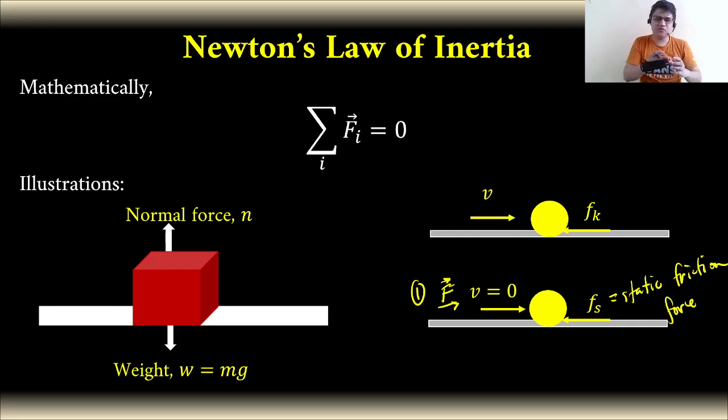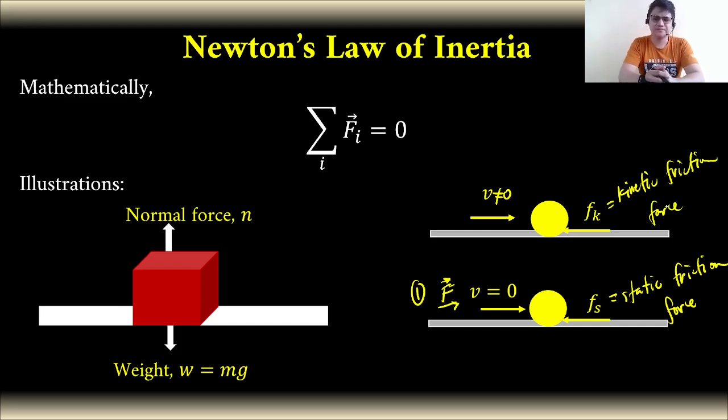When the box or the ball finally moves, where it gains a speed that is not equal to 0, there is still a friction force, and that is what we call the kinetic friction force.